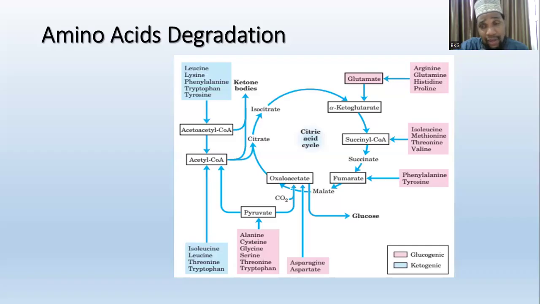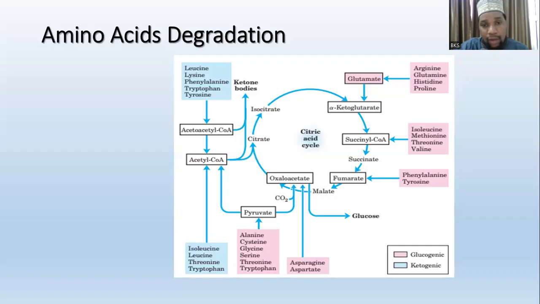That is when they are needed to produce energy. But assuming they are not needed for the production of energy, rather they are needed for the production of an energy source. Since they are glycogenic, they will be used to produce glucose. So what will happen to pyruvate?